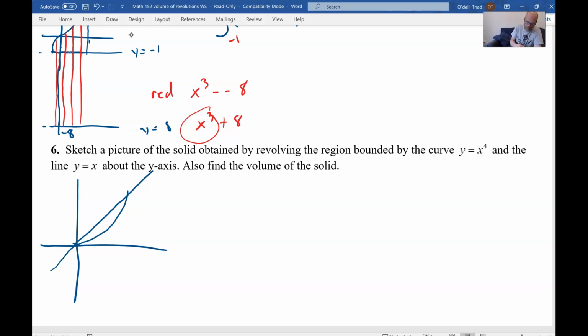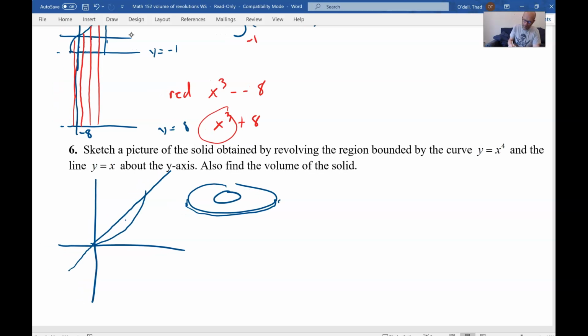So you can see here's the little region, and we're rotating about the y-axis, which means when I stack these things up, this would be the washer method, so you'll have a bunch of little shapes like this going this way, right? And so the height of these washers is a dy.